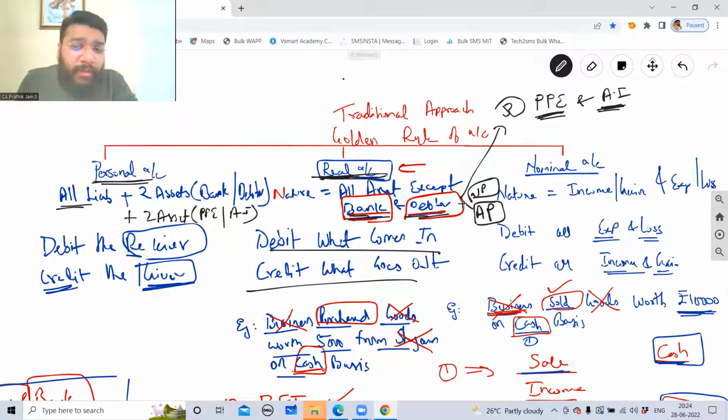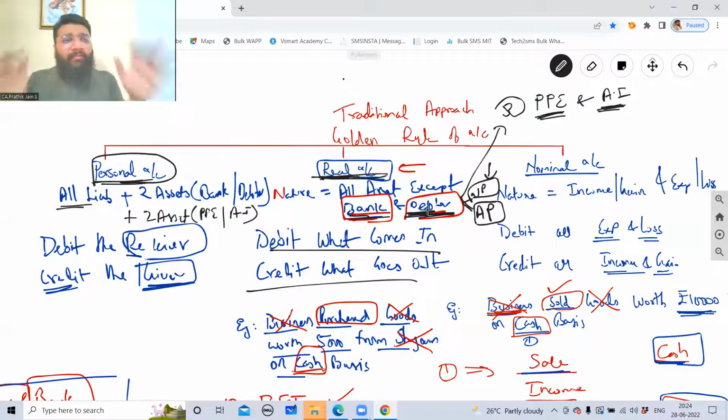No. Debtor, whether natural person or artificial person, the personal account rule will still follow, because the personal account has got three categories, including natural person and artificial person. Both come under the personal account category. So the debtor, in whatever form, will go to your personal account, and the rule of the personal account will follow. Convinced? Ananya, comfortable?